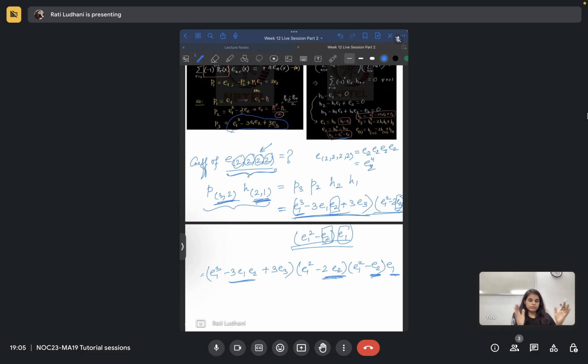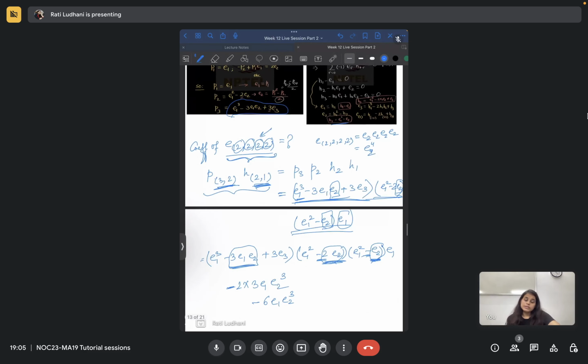So when we do the product, what will we get? That is the major concern corresponding to E2. So corresponding to E2 we will get this into this into this. So what will we get? E1 and E2 cube, and there is minus, minus 2, so we'll get 2 into 2, and there is one more minus, so we'll get minus 6 E1 E2 cube. And this is one of the terms we are going to get.